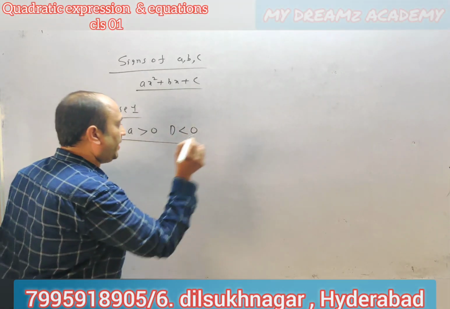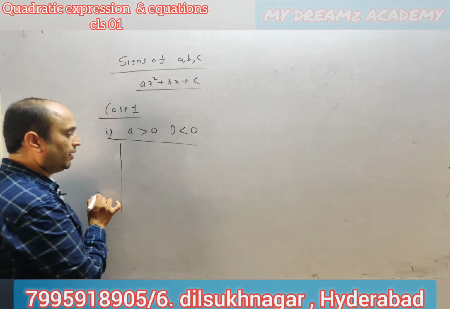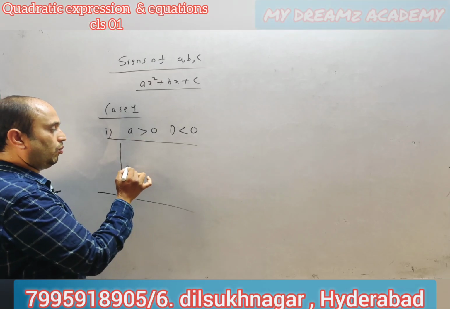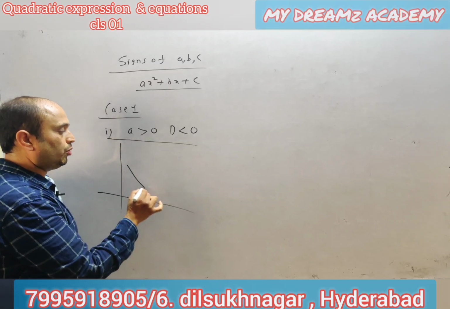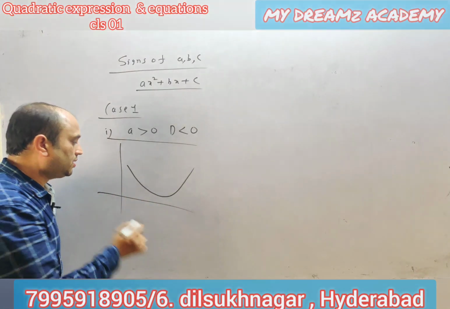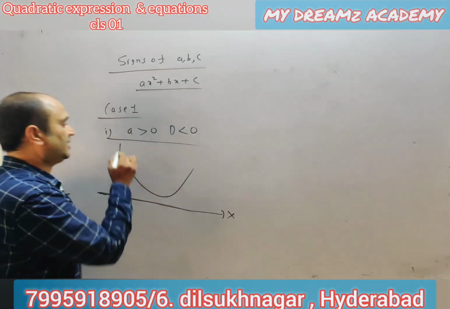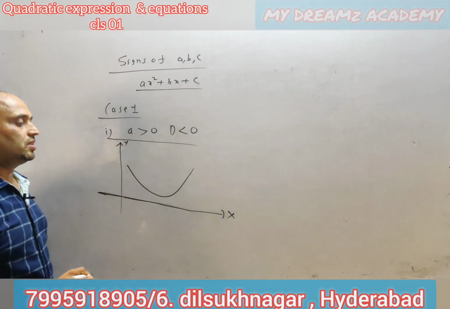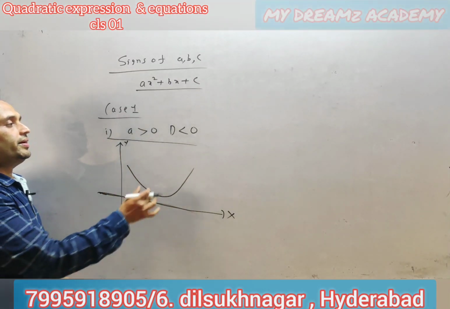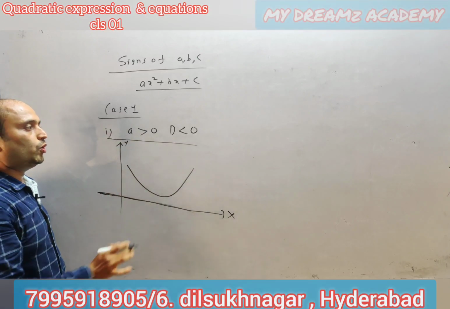What does this mean? a greater than 0 means an upward parabola, and discriminant less than 0 means the roots do not exist, so our curve does not intersect the x-axis. This is the x-axis, this is the y-axis, and the curve does not intersect the x-axis. The roots are imaginary.